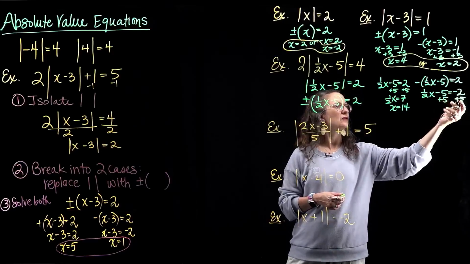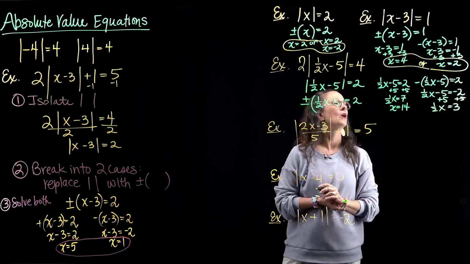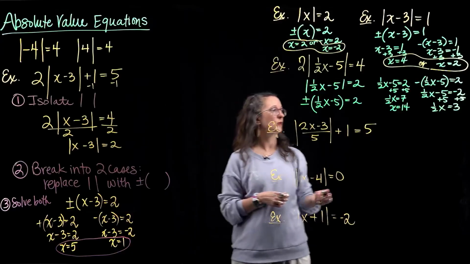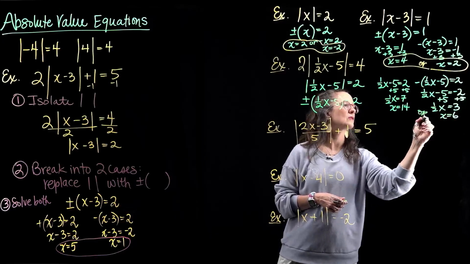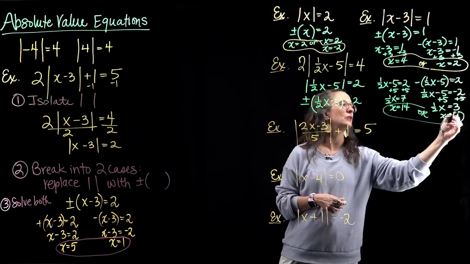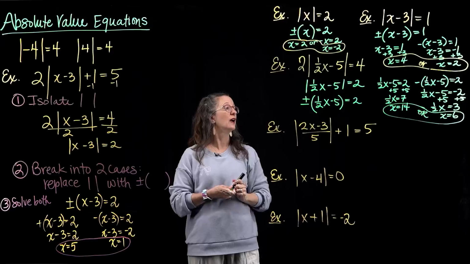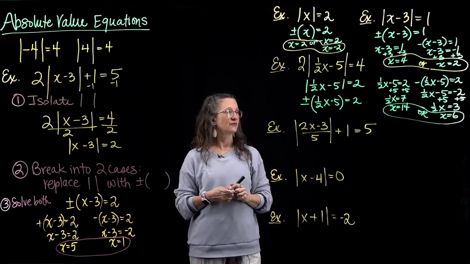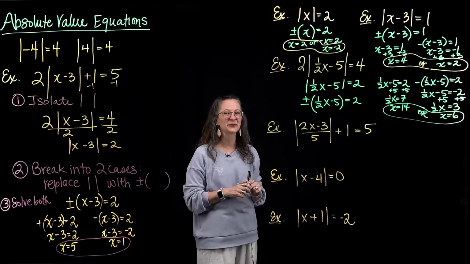So negative 2 plus 5 is going to be 3. 1/2 x is equal to 3. Multiplying 3 by 2, I get x equals 6. So I have two answers, x equals 14 or x equals 6. All right, I threw another fraction one at you.